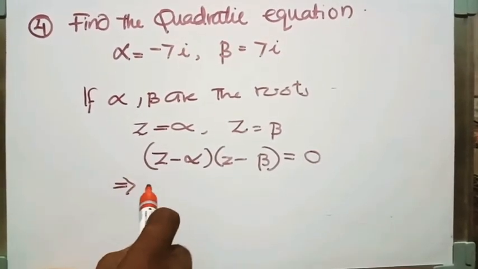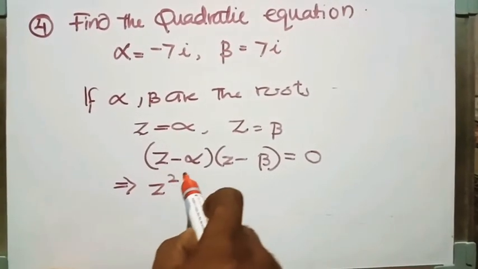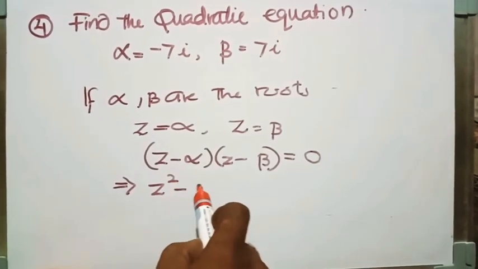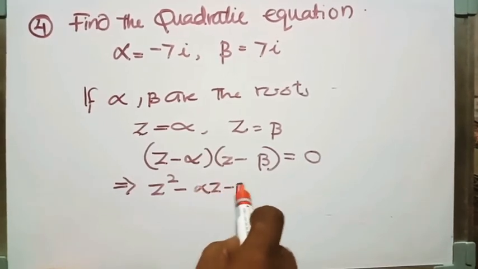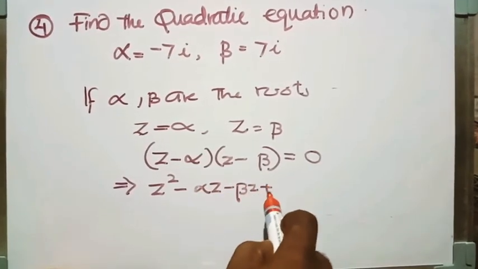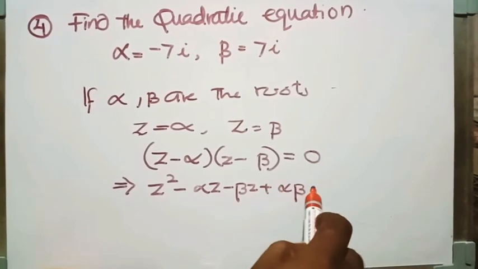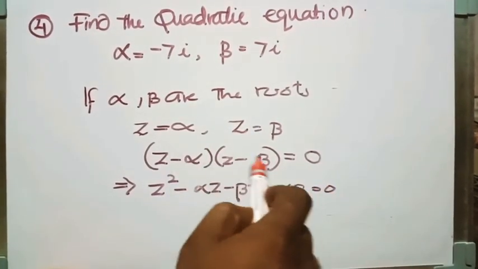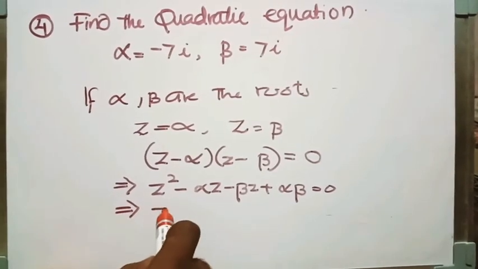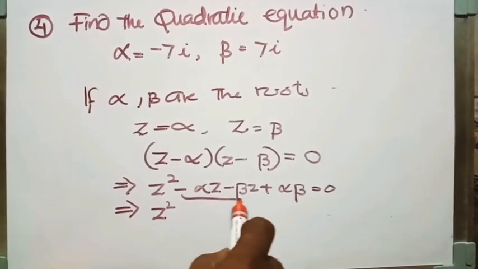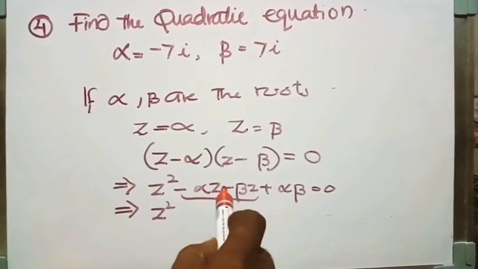If we multiply, we get z squared minus alpha z minus beta z plus alpha beta is equal to 0. Just expand the bracket. When you expand it, these two are like terms, because z is common.